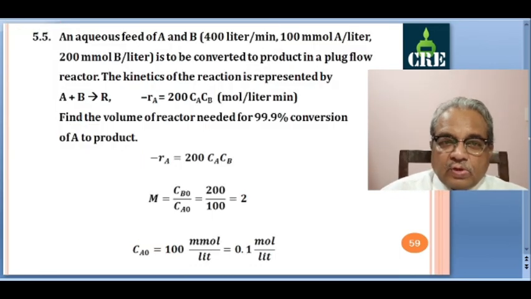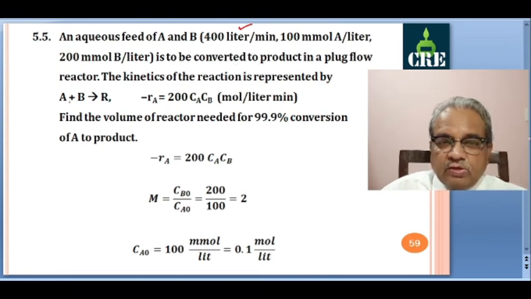Next, problem 5.5. An aqueous feed of A and B, 400 liters per minute, with 100 millimoles of A per liter and 200 millimoles of B, is to be converted to product in a plug flow reactor.